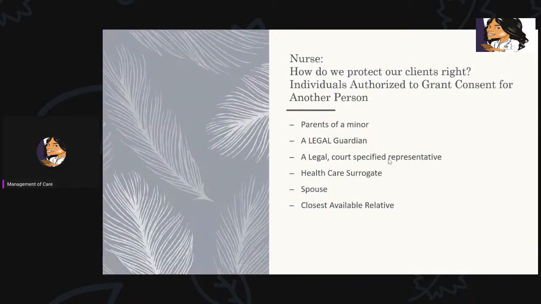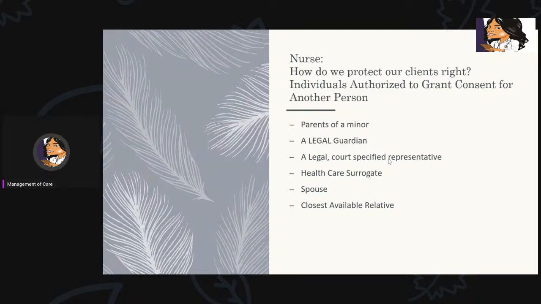Okay. Individuals authorized to grant consent for another person. Of course, a parent of a minor, a legal guardian. This is someone who has gone to court, and the judge has granted the person legal guardianship.